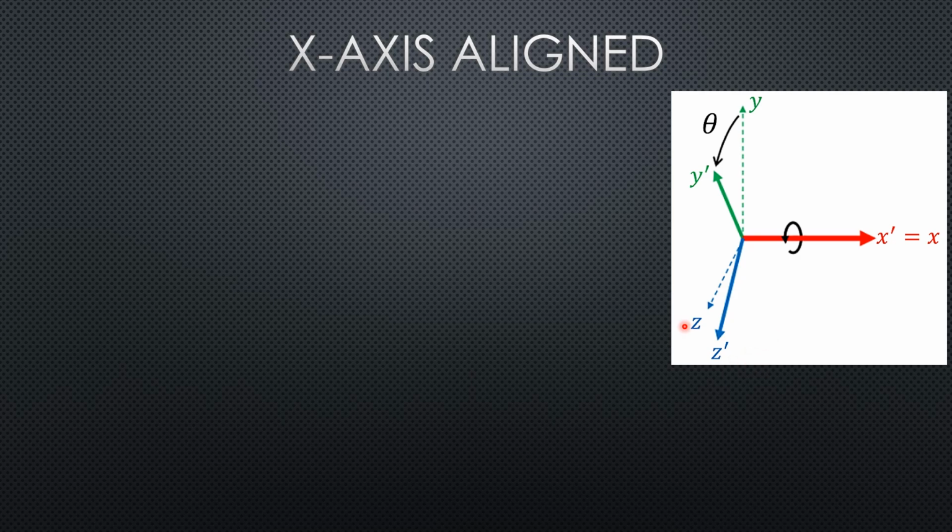Now, using the same procedure as last time with the direction cosines, we know that the angle between x prime and x is equal to cosine 0 because the x-axis and the x prime axis are lying on top of each other. So that tells us that the axis remains unchanged in this transformation.